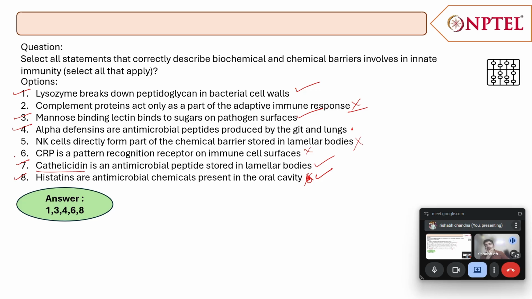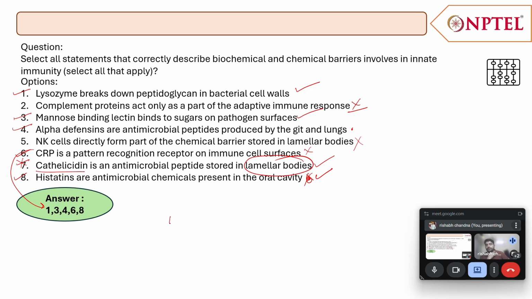So 6 is correct. Then 7 is not present in the lamellar bodies, so the seventh one is wrong. But CRP is a pattern recognition receptor that is present in the liver.